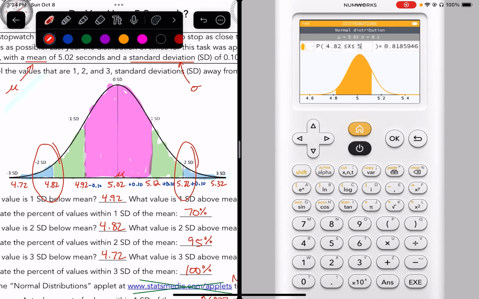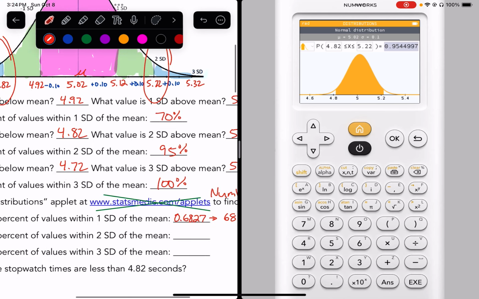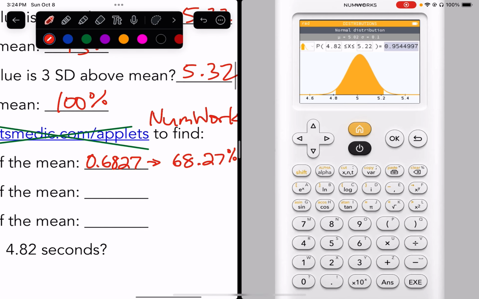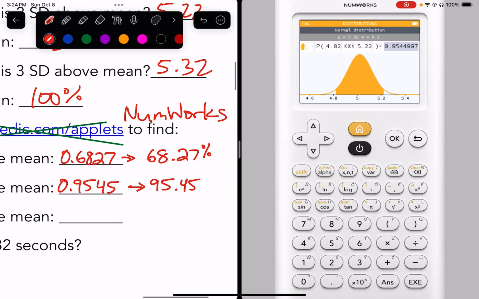Oops, forgot my decimal. I'm going to hit execute. You'll see that it says 0.9545. So 95.45%.